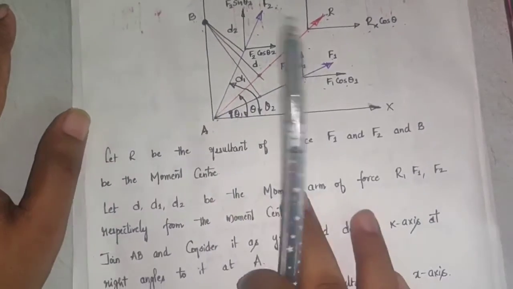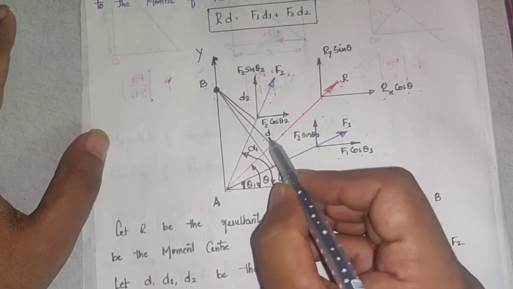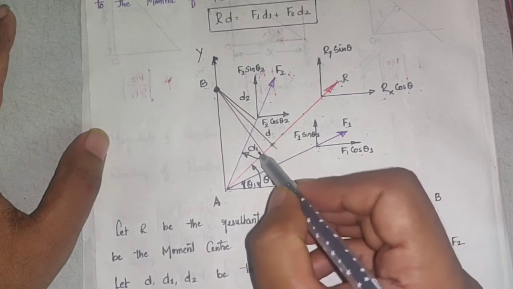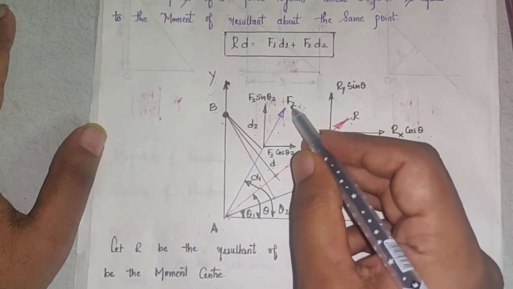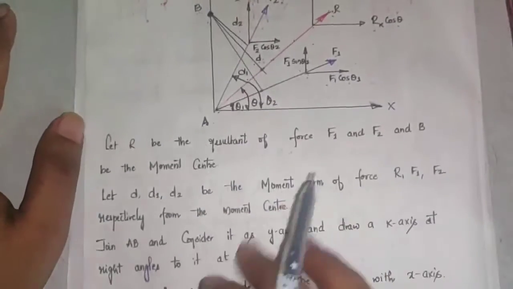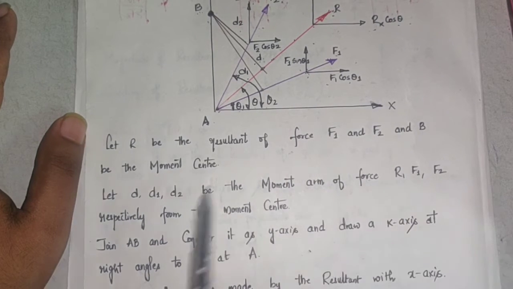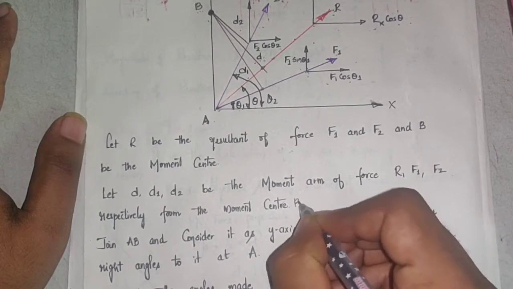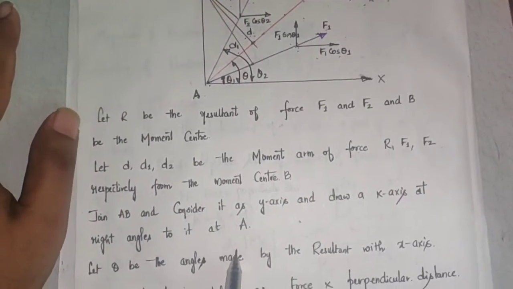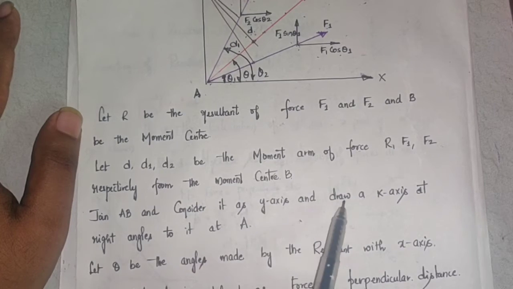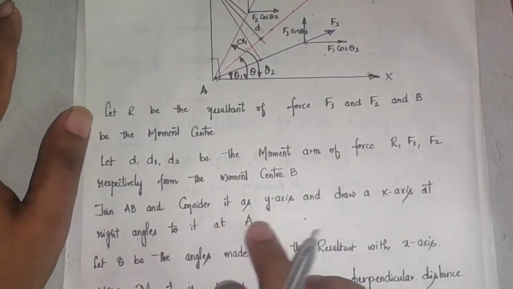Let D be the perpendicular distance of resultant R, D1 the perpendicular distance of force F1, and D2 the perpendicular distance of force F2 about point B. So D, D1, D2 are the moment arms, or perpendicular distances, of forces R, F1, F2 respectively from the moment center B. Then I'll join AB and consider it as the y-axis and draw an x-axis at right angles, so this is making a right angle at point A.